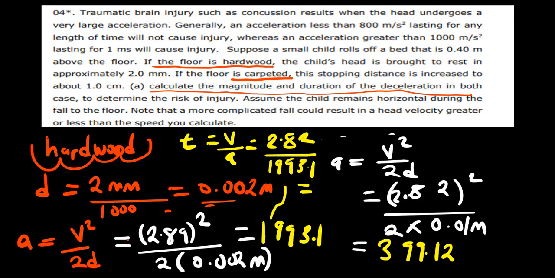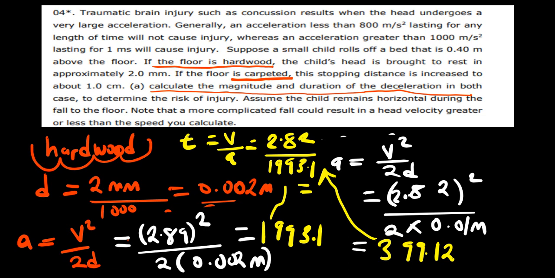You solve and you find the answer. Then on the other side, it's the same thing. If you're going to find it for the carpeted wood, you divide by 399.99 to find the answer.